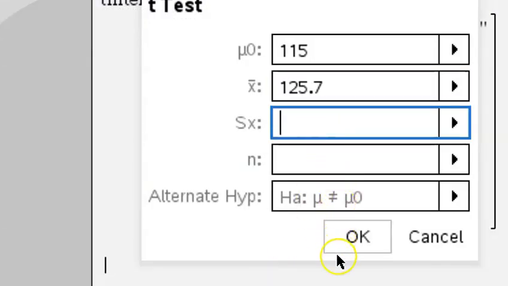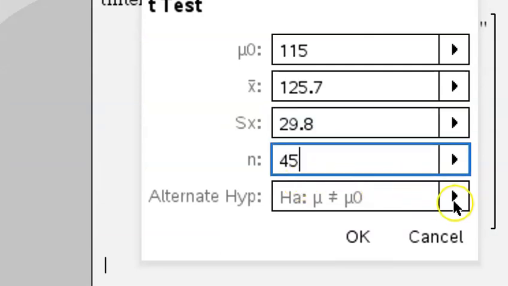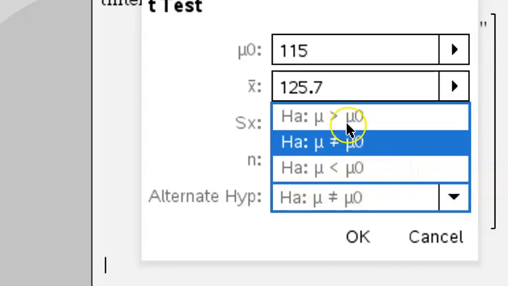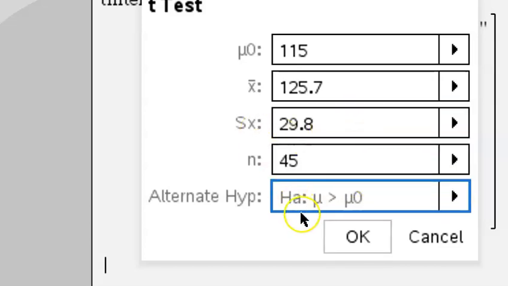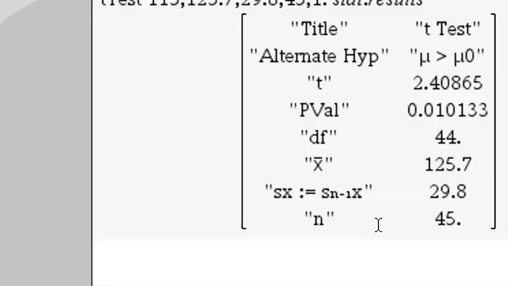The sample standard deviation was 29.8. The sample size was 45, and we are checking to see if the mean is actually bigger than our hypothesized mean. So it gives us a test statistic, a t-score of 2.4, which has a corresponding p-value of 0.01.